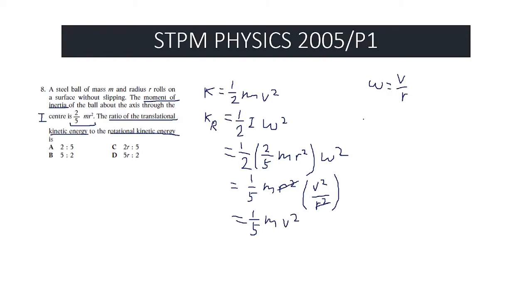And now we start to find the ratio. The ratio is K over KR, 1 over 2 mv squared divided by 1 over 5 mv squared. Mv squared can be cancelled out, and the final answer will be 5 over 2, so the answer is B.